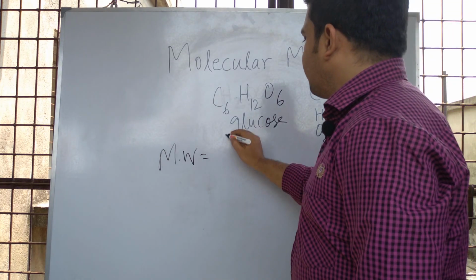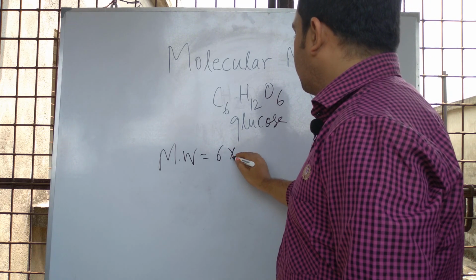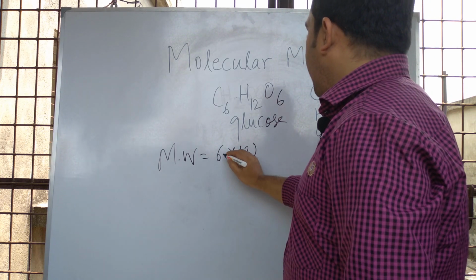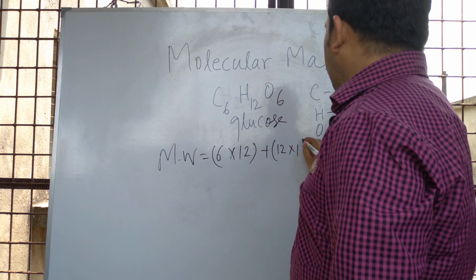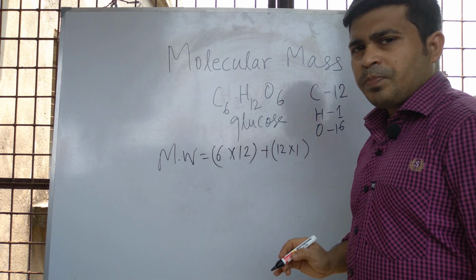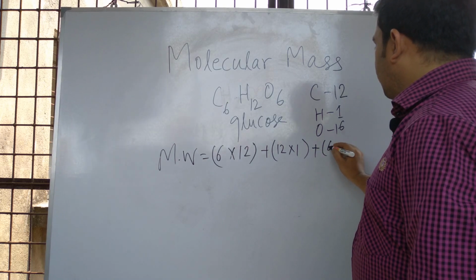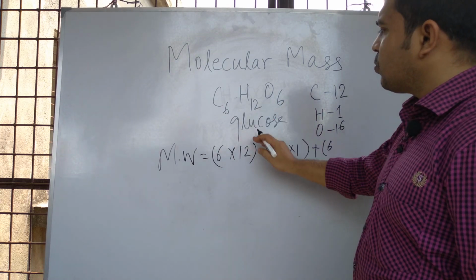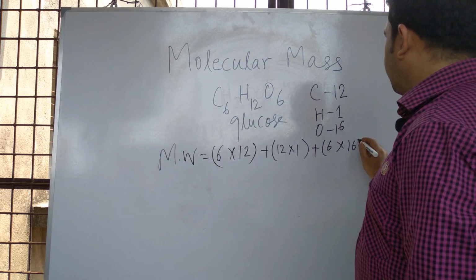For glucose we see 6 carbon atoms are present, so 6 into 12, and next 12 hydrogen atoms are present, and each hydrogen atom has a mass of 1 gram, and 6 oxygen atoms are present in this glucose molecule, and each oxygen atom has a weight of 16 gram.